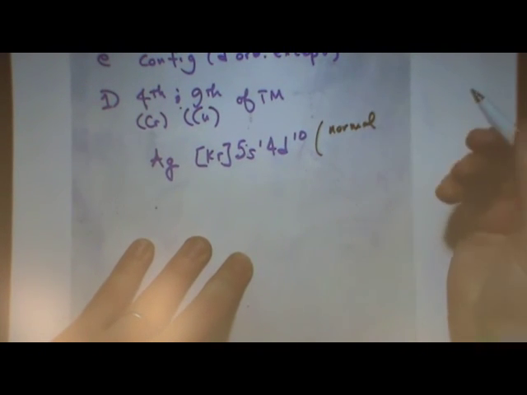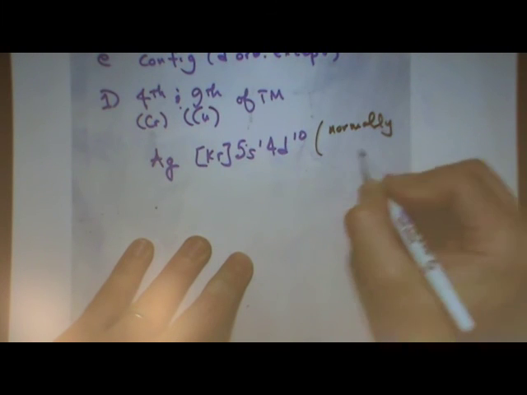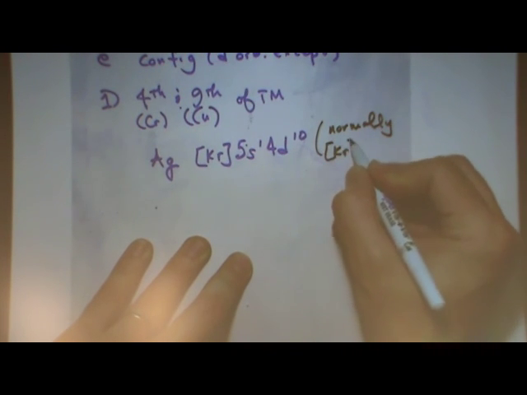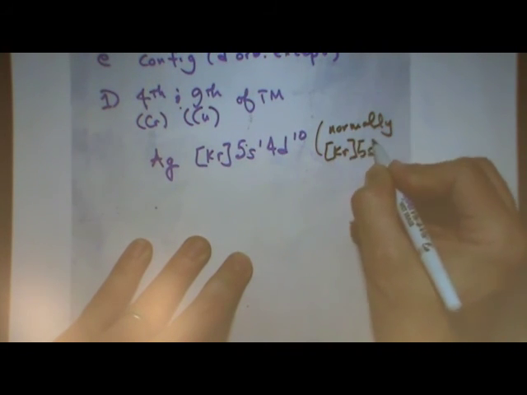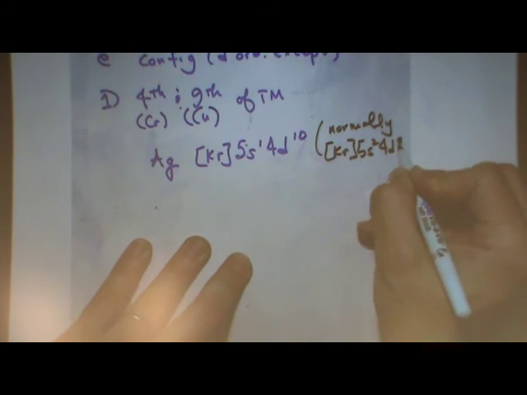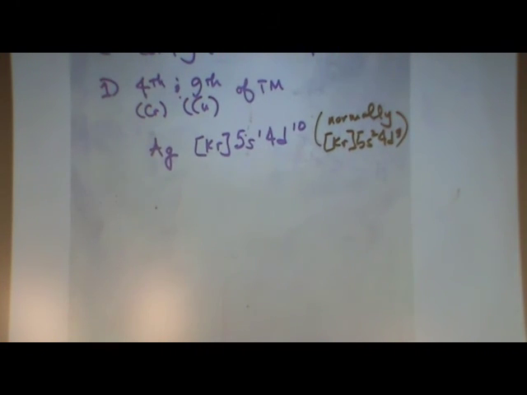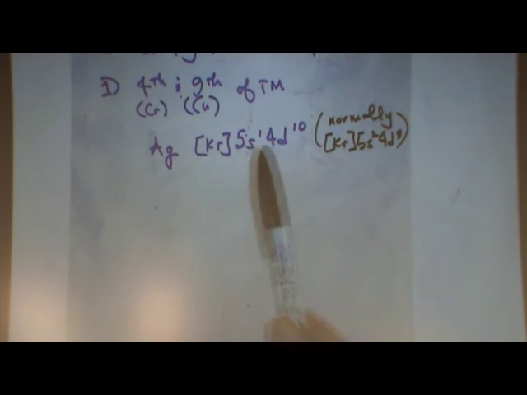Normally, you would expect krypton 5s2 4d9, but that's not what happens. This is one of the exceptions, where it half fills the s and fills the d. That's because filled shells and half-filled shells are more stable. You see both a filled and a half-filled shell, that's more happy.